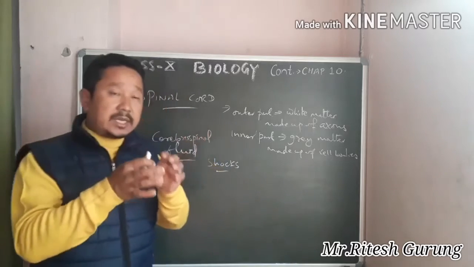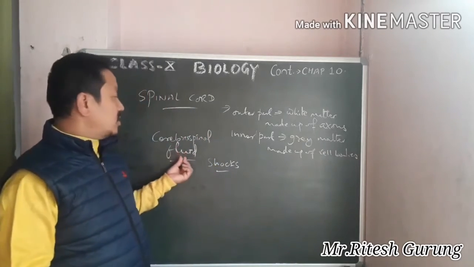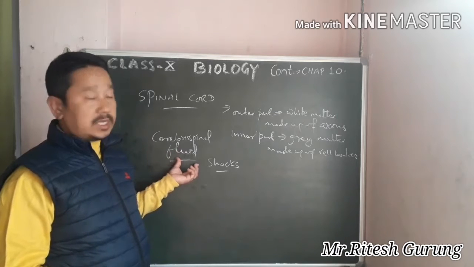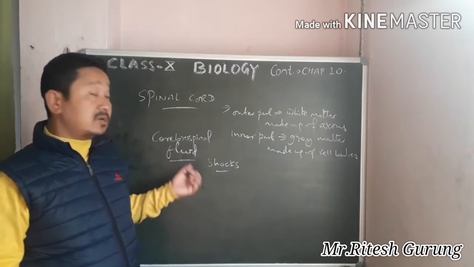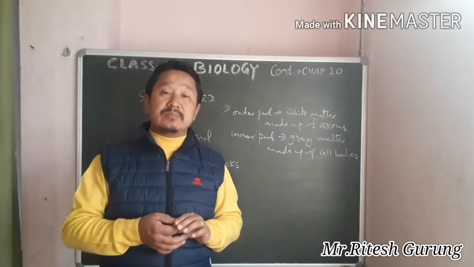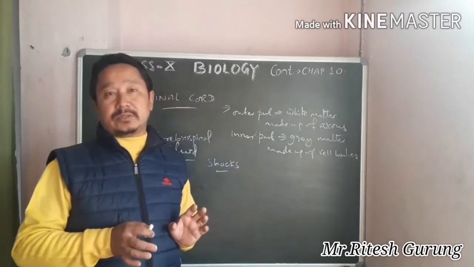So these are transported by means of the cerebrospinal fluid also. It's not only to prevent shocks, but in the meantime it also serves as a medium of transportation of these different things in the spinal cord.